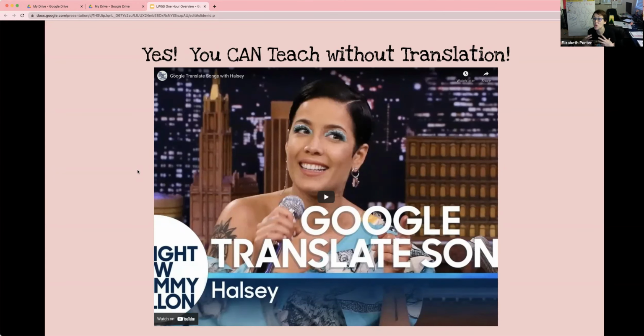We put it to a rhythm. There's lots of different ways that they can get the information without translation. Now, I know that this is a controversial idea, but through my research, the science does not support translation as a viable option for long-term retention and fluency.